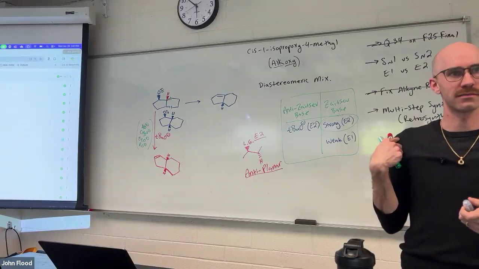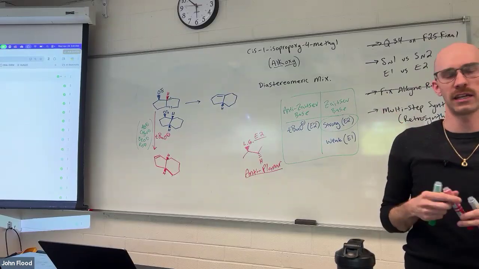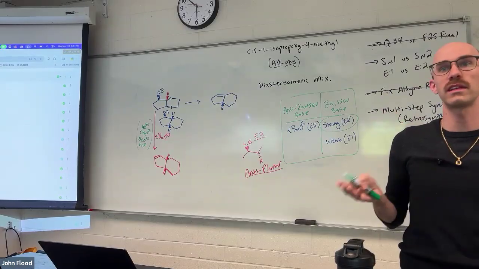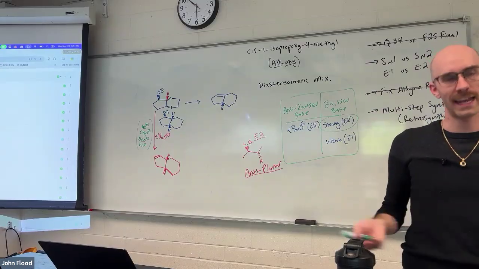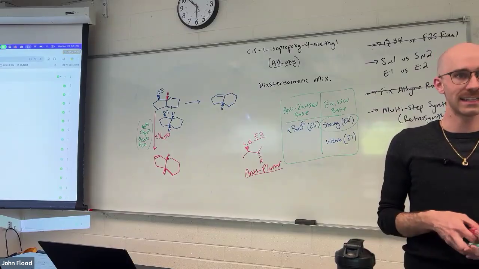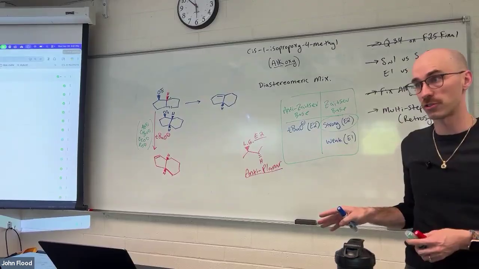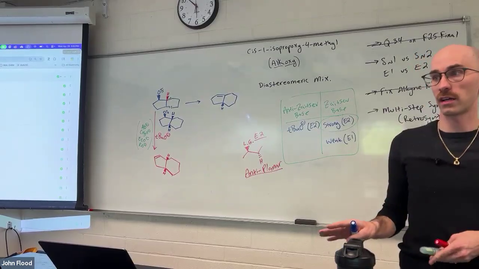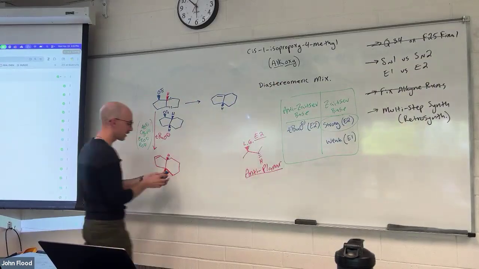If I go to the right, I have to have a carbocation intermediate. That is the only way that I would be able to steal a hydrogen that is not anti, which means that I need to use a weak base, something that will not take a hydrogen until a carbocation has formed. In which case, I need something weak.